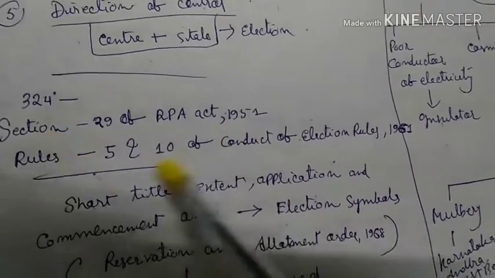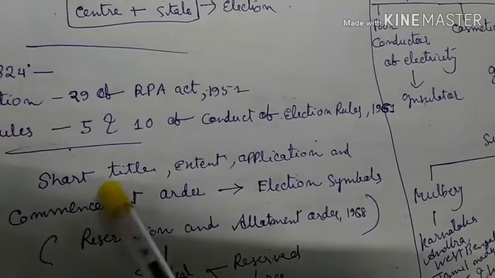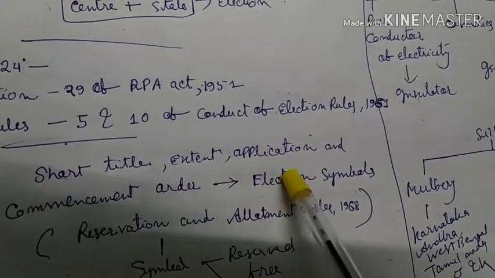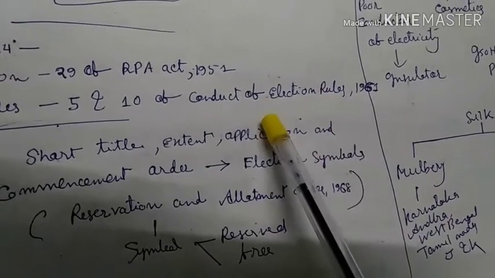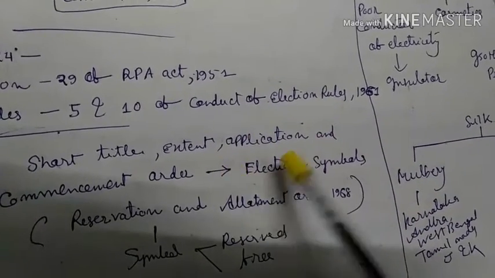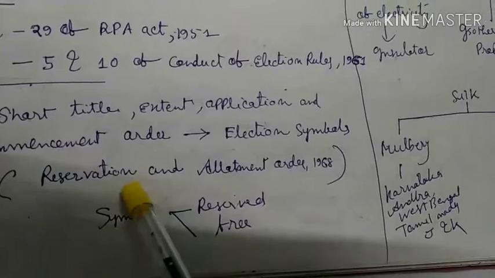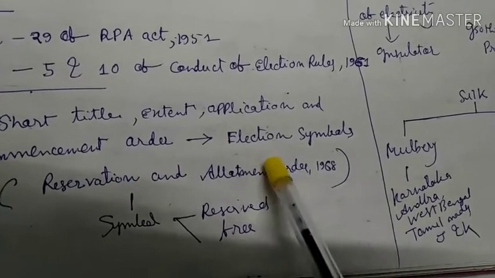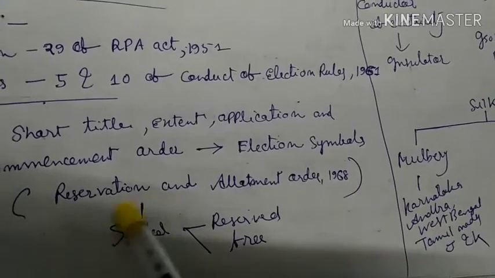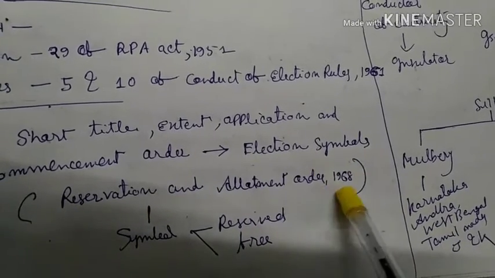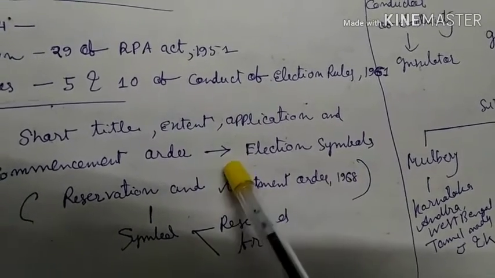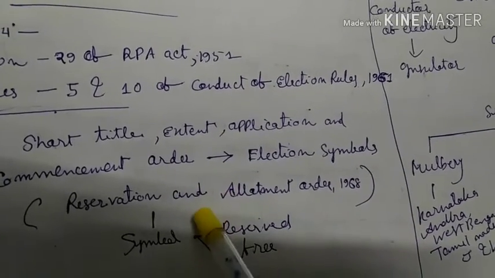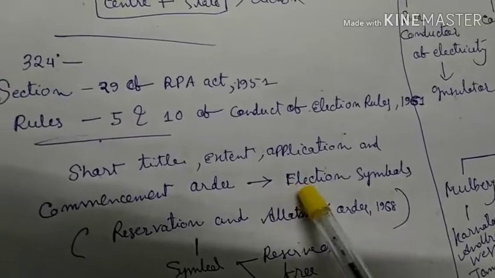Under all these three provisions, the order for election symbols was issued, and this order is also known as the Election Symbols (Reservation and Allotment) Order 1961. Under this order, Election Commission supervises and controls the symbols used in election.